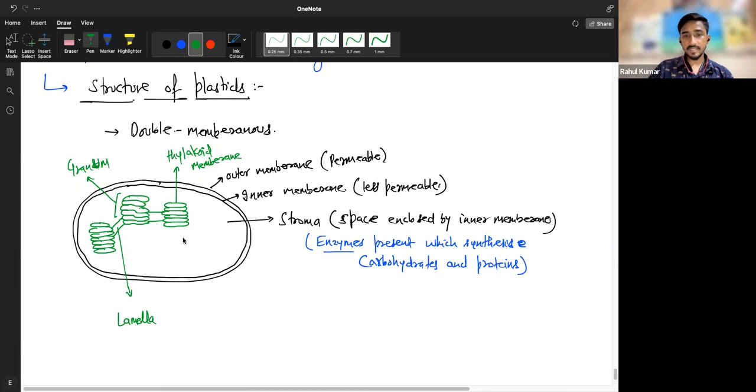And because they are present inside the stroma, in the space, they are called stroma lamellae.